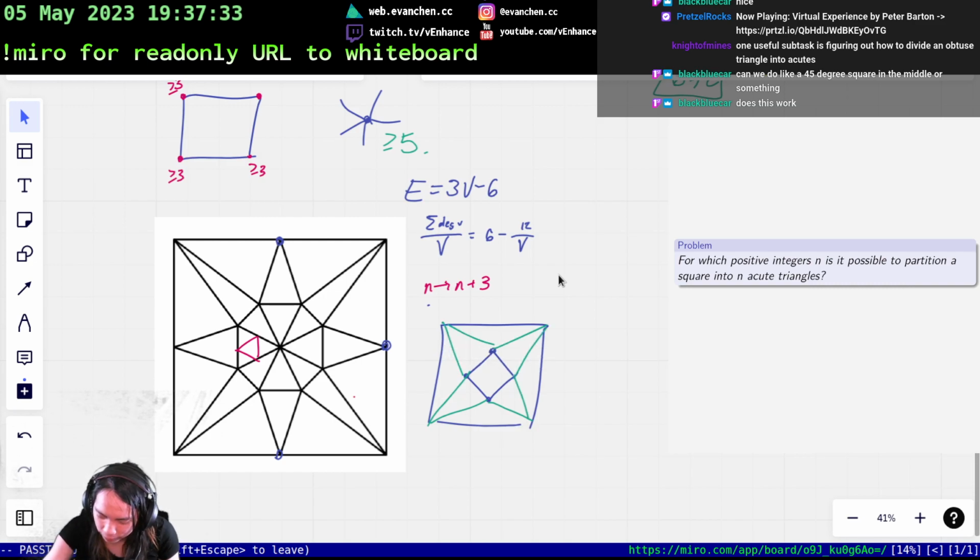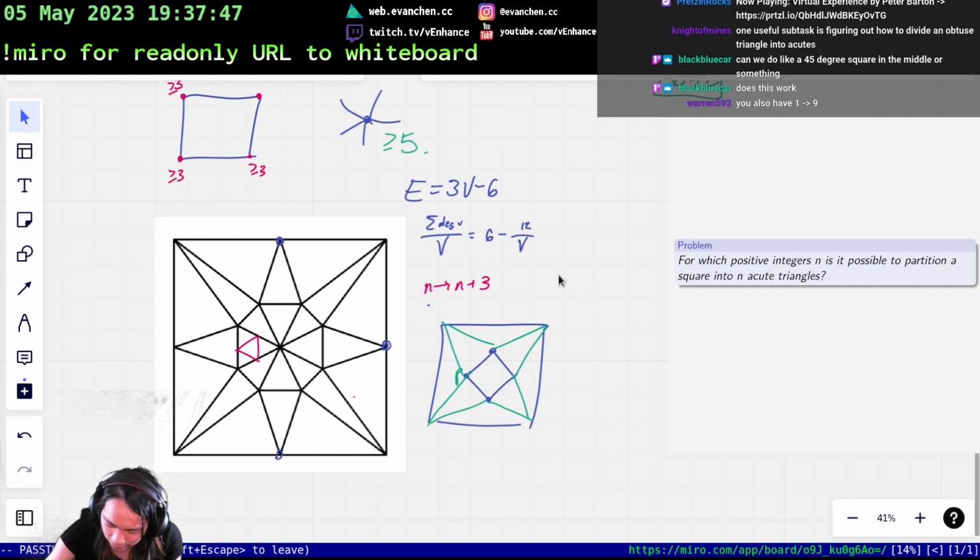So the only problem is like these things. Actually wait. Square is not good, right? You don't want literally a square in the middle, because now you have to dissect this square too. You also have 1 to 9.